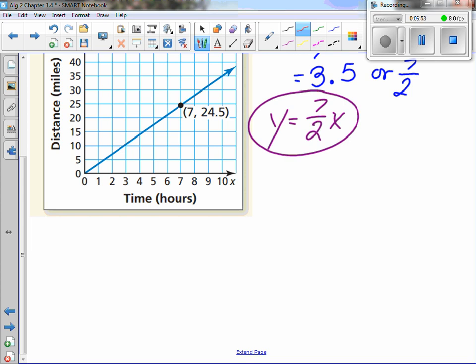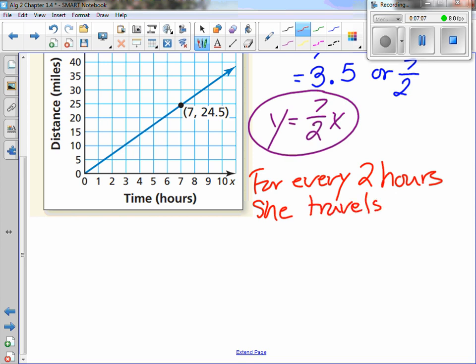So if we were using for every 2 hours, she travels 7 miles. Now, we could do it the other way. We could rewrite it the other way, but I wouldn't start with 4.